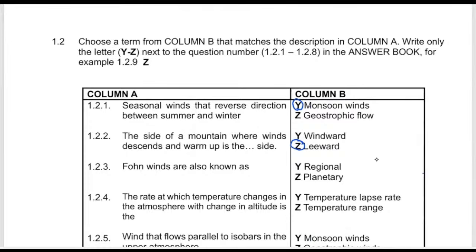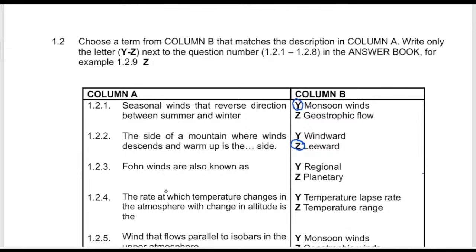On the windward side, that is where the air is fed from, and that is where we experience the formation of clouds that produce rainfall. But on the opposite, leeward side, the air is descending and it heats up adiabatically. That will give us the typical berg winds in South Africa as a result of the air descending from the interior going towards coastal areas.